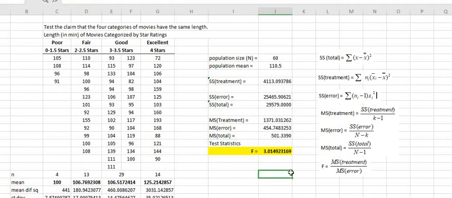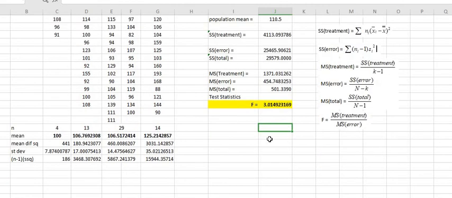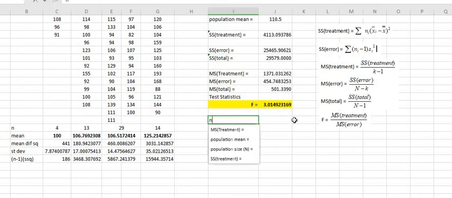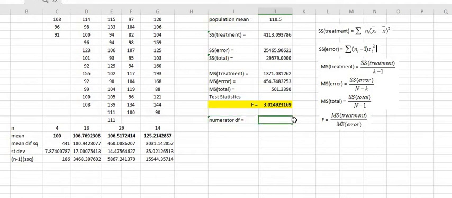Now, we would like to find the value of our F from our table. Okay, we have to find its degrees of freedom, numerator degrees of freedom, and denominator degrees of freedom. So we have our numerator degrees of freedom, okay, which is equivalent to K minus 1.